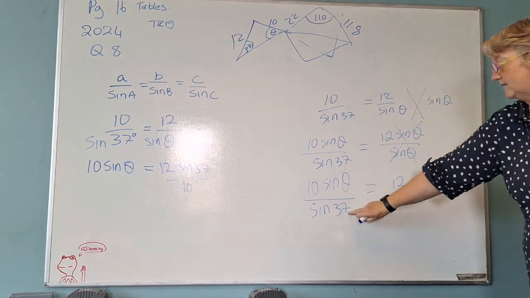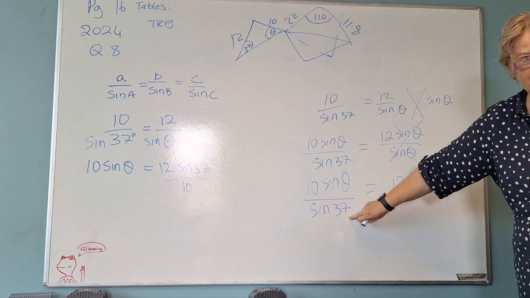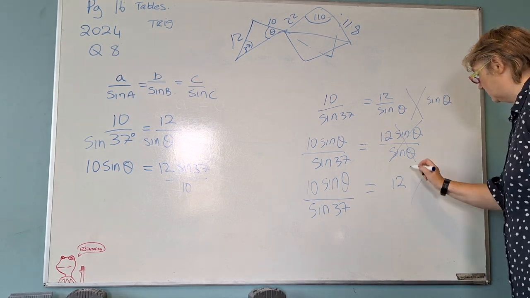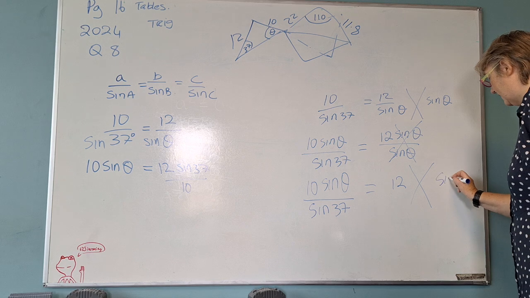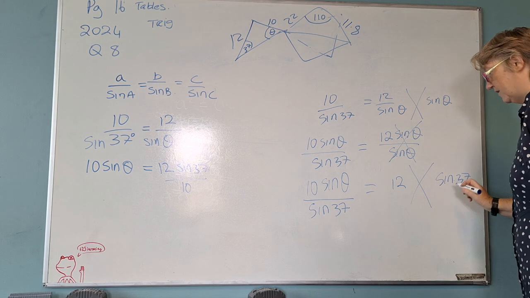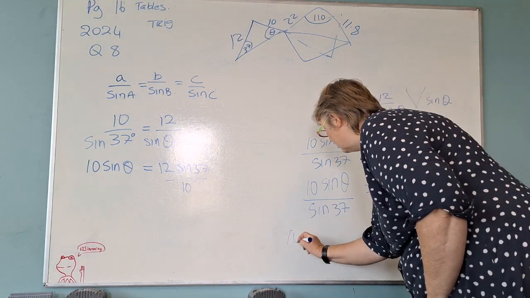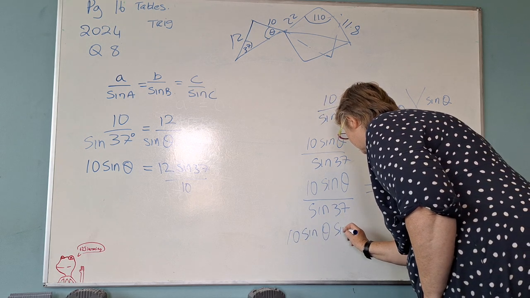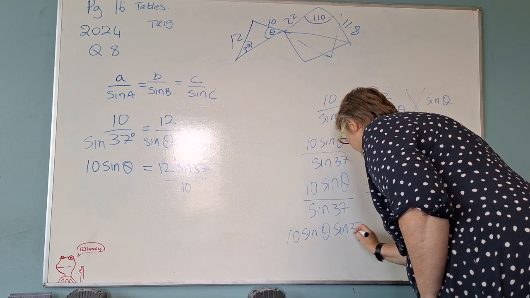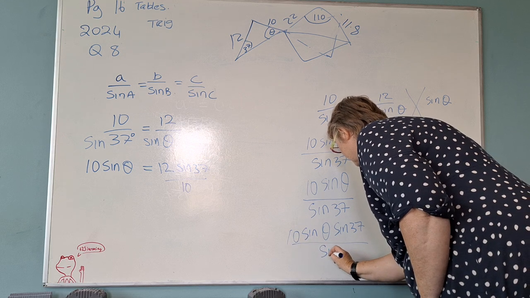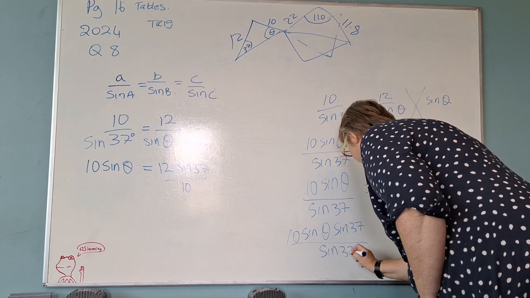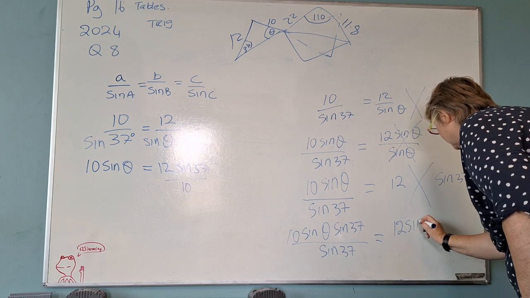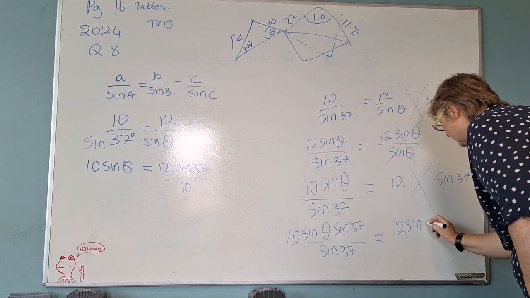But I want to get rid of that fraction, so I multiply everything by the bottom of the two fractions. So now I'm going to multiply everything by sine 37. So this becomes 10 sine theta by sine 37 over sine 37 equals 12 sine 37.